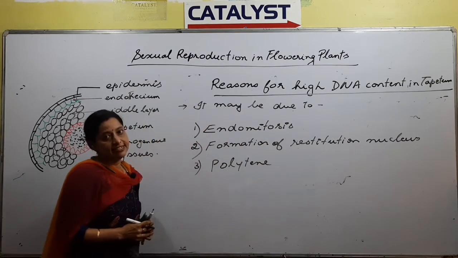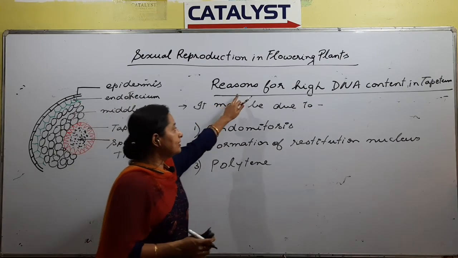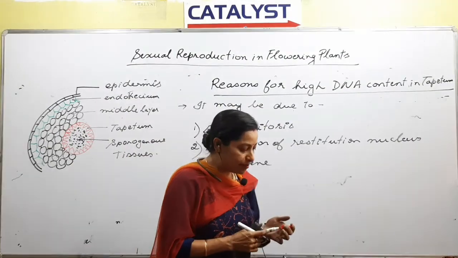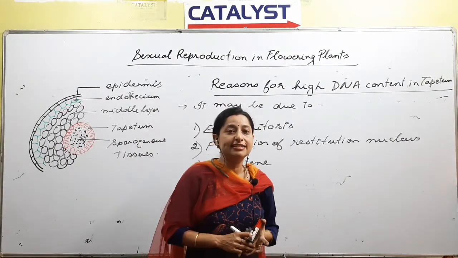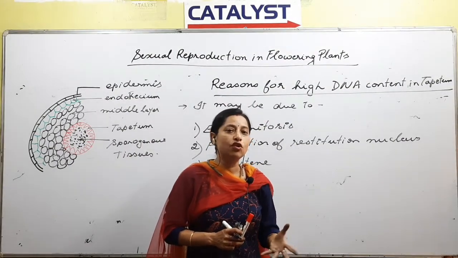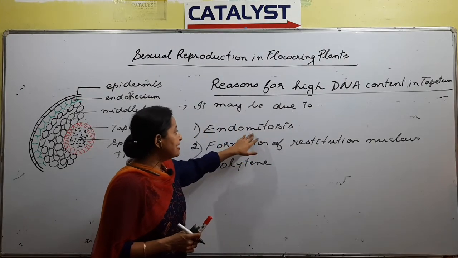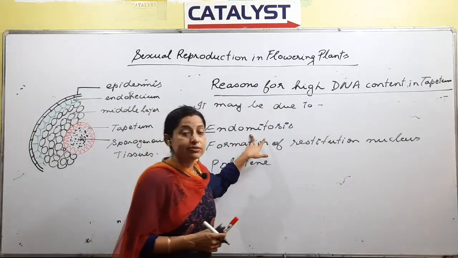So DNA content besi thakibo, tapetal cells bilakot besi thakibo, kihor karone besi thakibo. So these reasons are considered some of the explanations for the increase in the DNA content. The first one is what they have said, it might be because of endomitosis that the DNA content has increased.